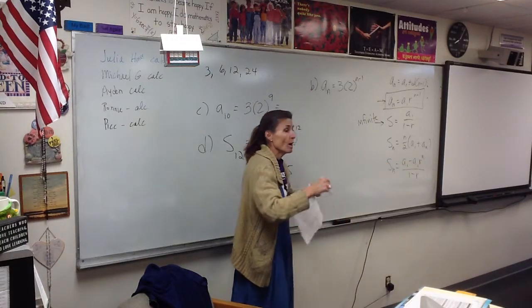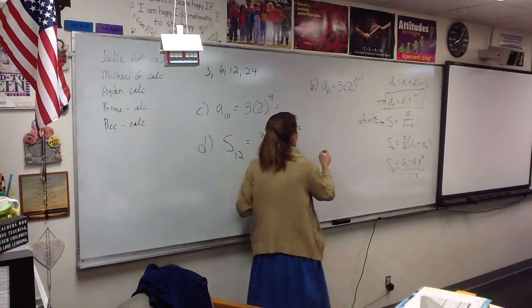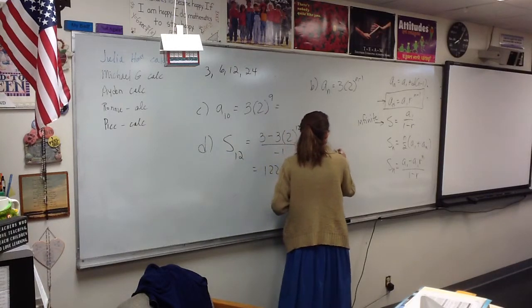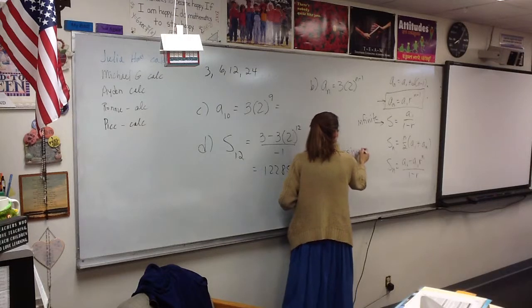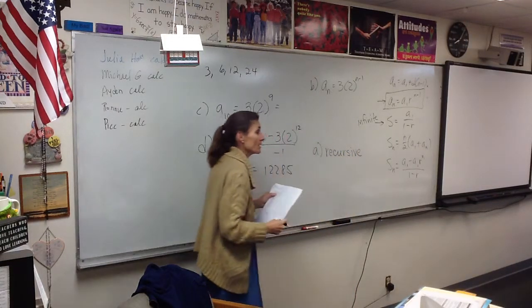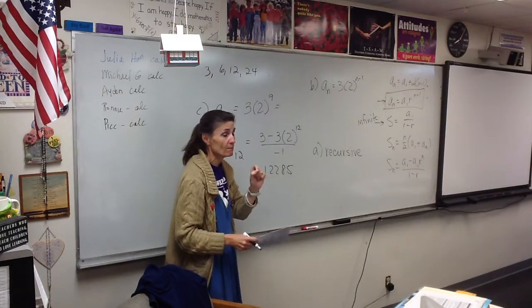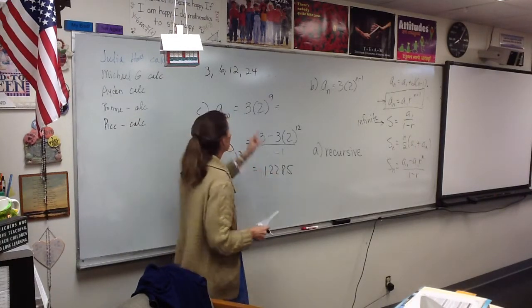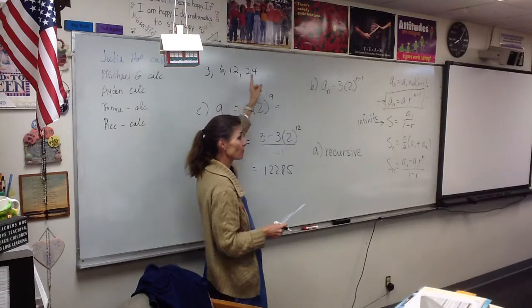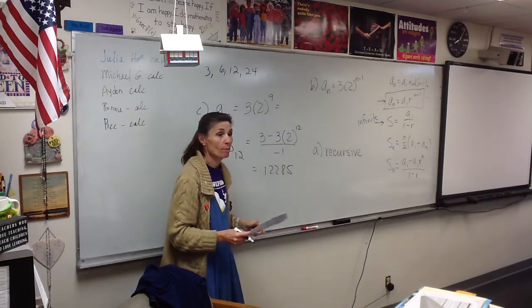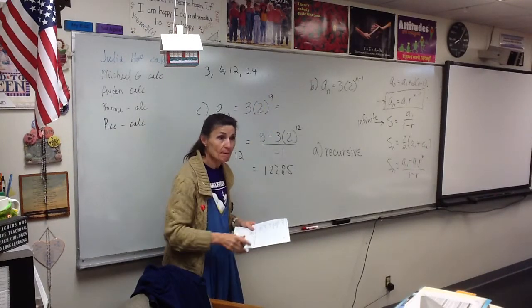Now, the first one, we didn't talk about this word. What does the word recursive mean? Well, the concept is very, very simple, and I do not want you to get confused by the notation. How are you getting from term to term in this problem? Multiplying by 2.